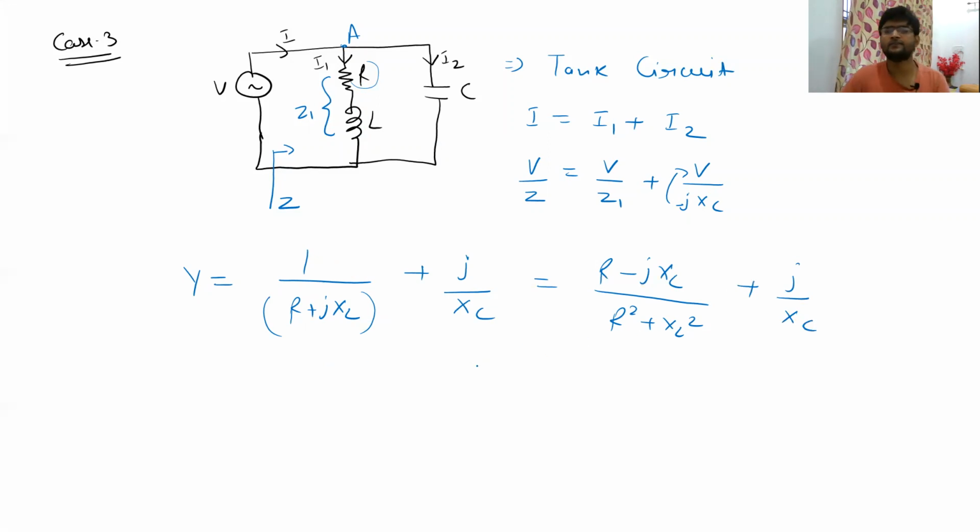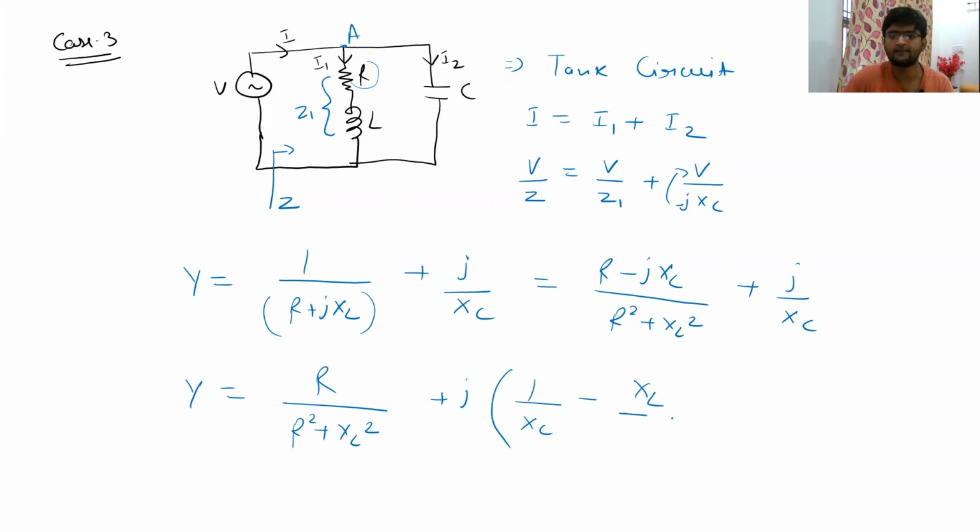So if I segregate the real and imaginary terms, I am going to get Y is equal to R upon R square plus XL square, plus J, taken common, 1 upon XC minus XL upon R square plus XL square.